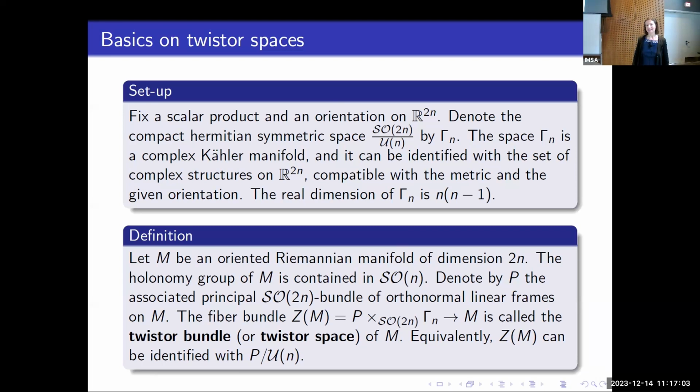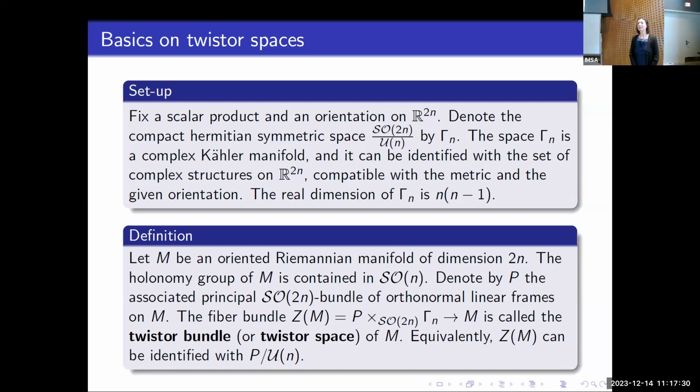So this is the compact Hermitian symmetric space SO(2n) modulo U(n), and is denoted by Γ_n. So this space parameterizes complex structures which are compatible with this data. And the real dimension is even, it's dimension n times (n minus 1).